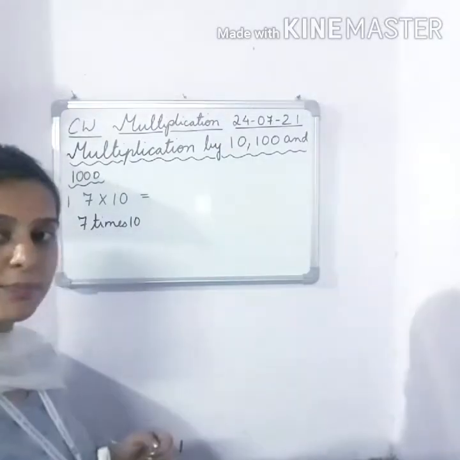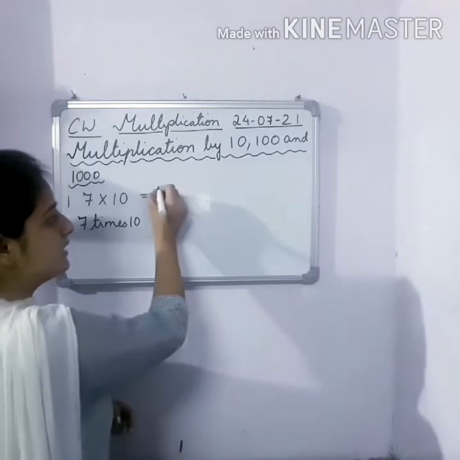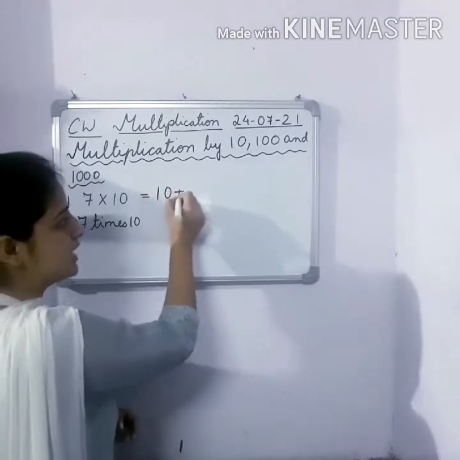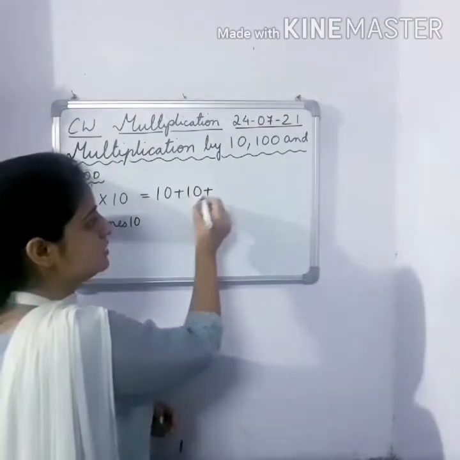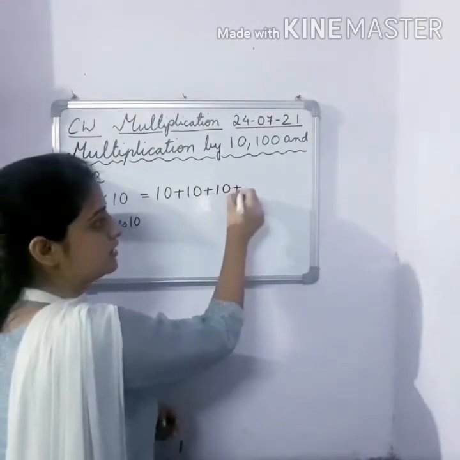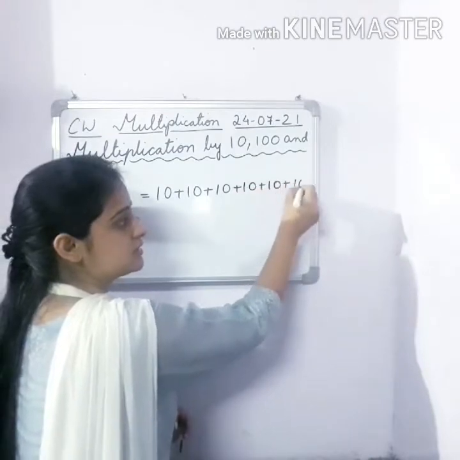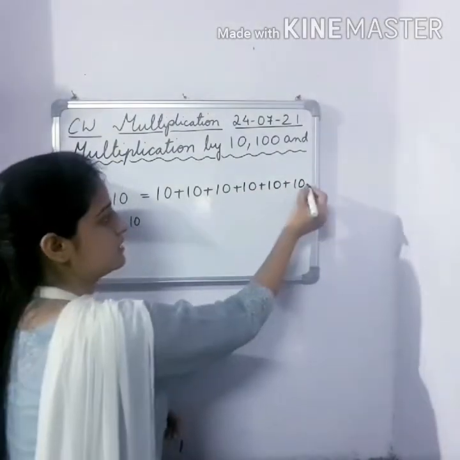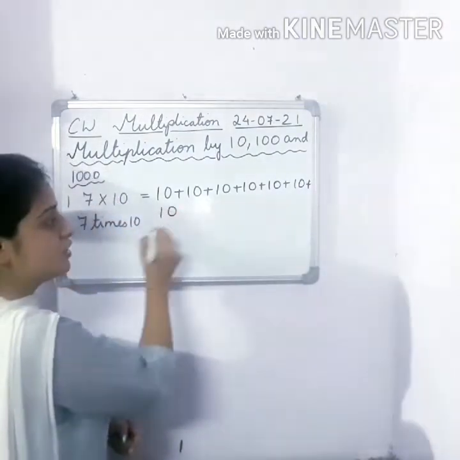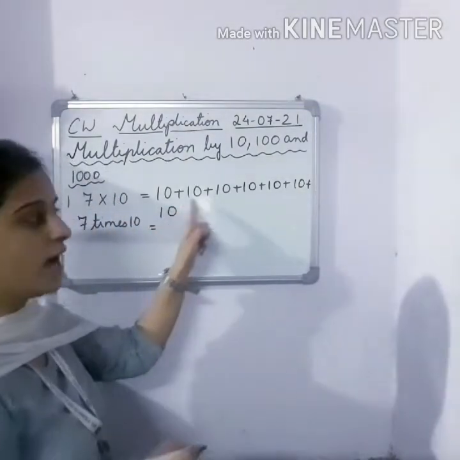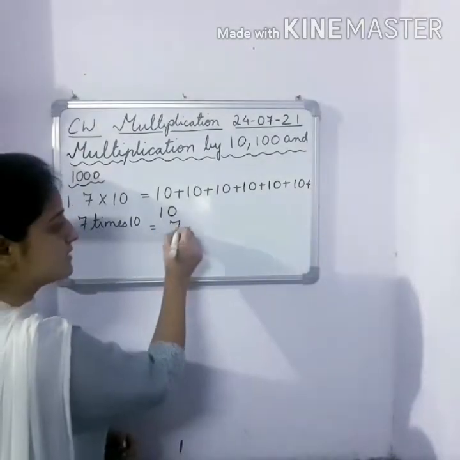If we do it by repeated addition, children, 7 times 10 means we add 10 how many times? 7 times, right? 1, 2, 3, 4, 5, 6 and 7.